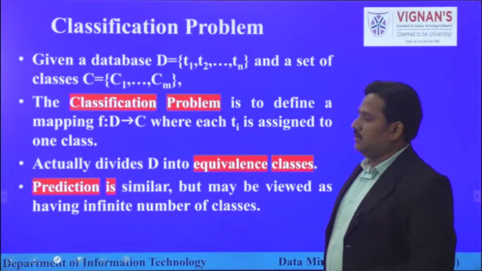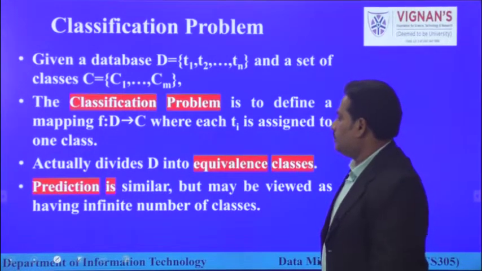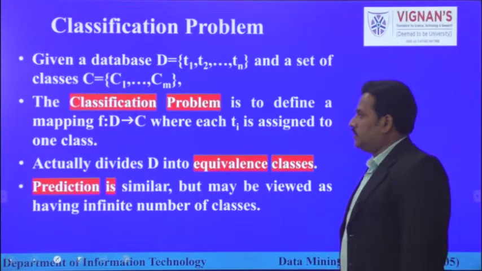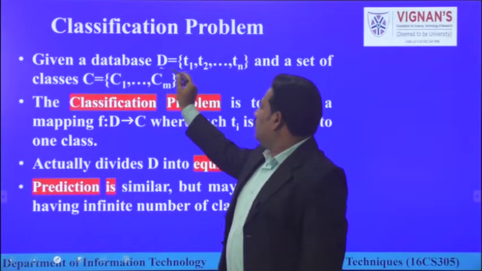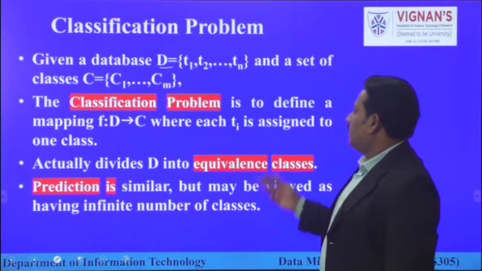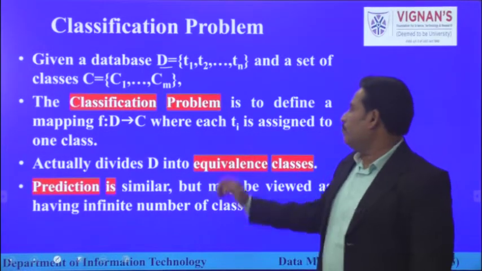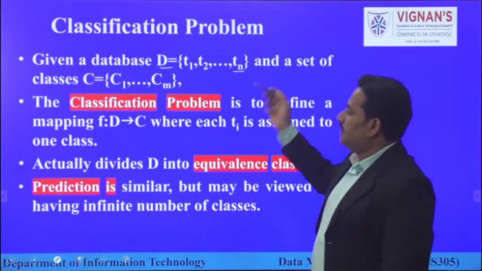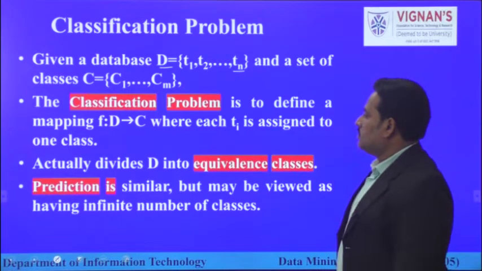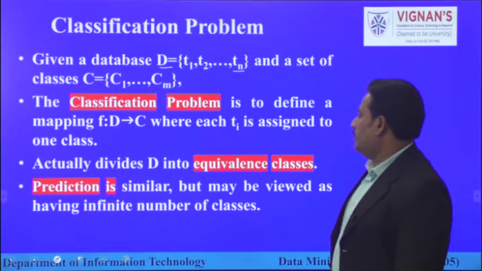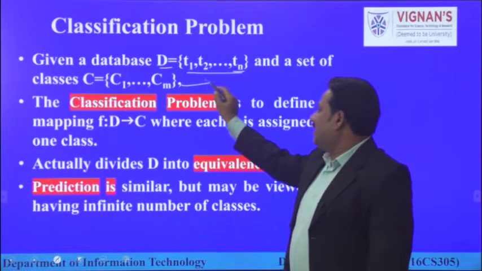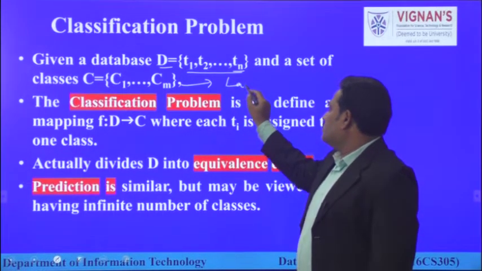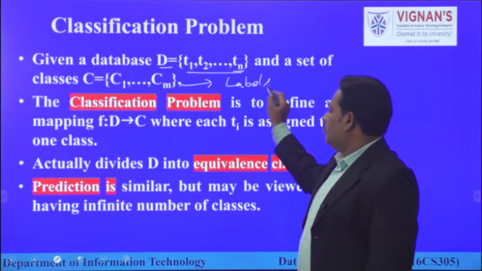Now, what is the technical definition of classification and what are we doing in it? Let us assume we have a database D, with some transactions T1, T2 and so on up to Tn, and a set of classes C1, C2 and so on up to Cm. These are the values, and the C's indicate the labels, or class labels.